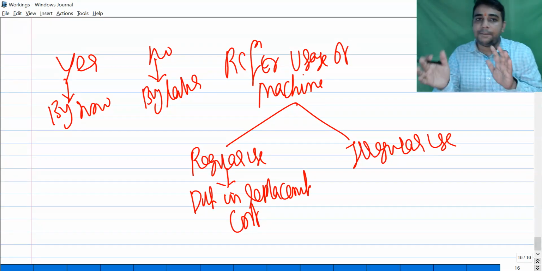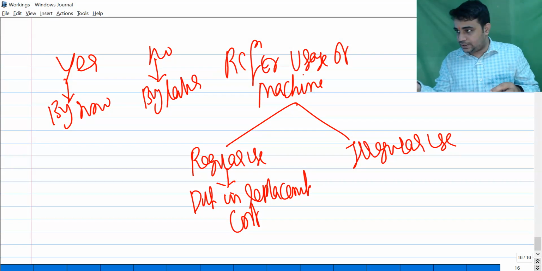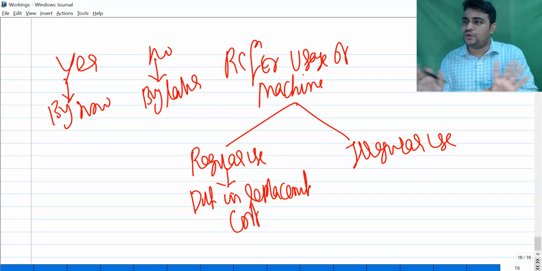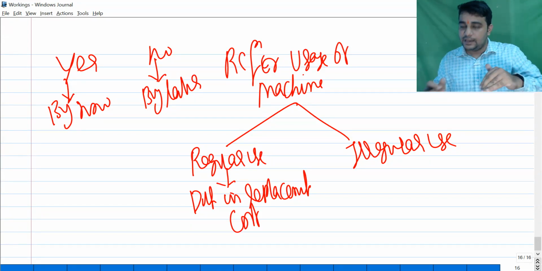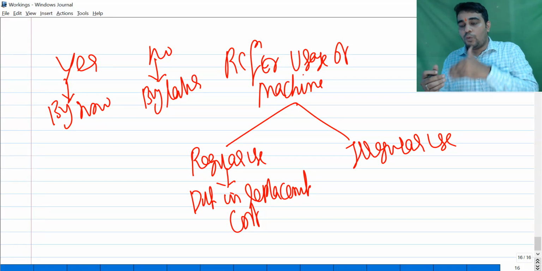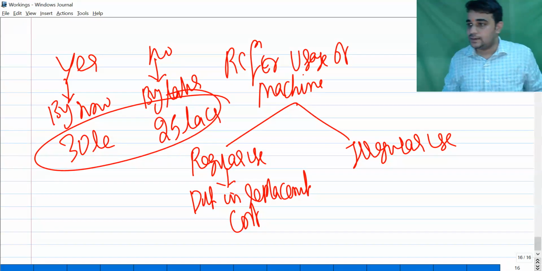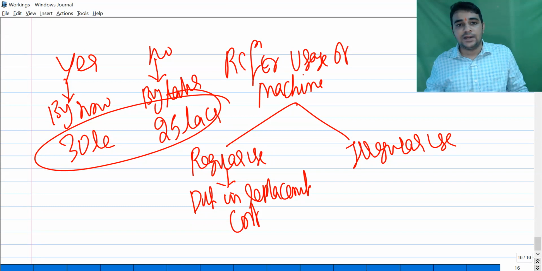So what we compare is buying a machine today for 30 lakh versus buying a similar machine which is one year used. The question will not give you all these points, this is just for your understanding. Today it's 30 lakh, after a year it is 25 lakh, and the relevant cost is the difference, 30 minus 25.